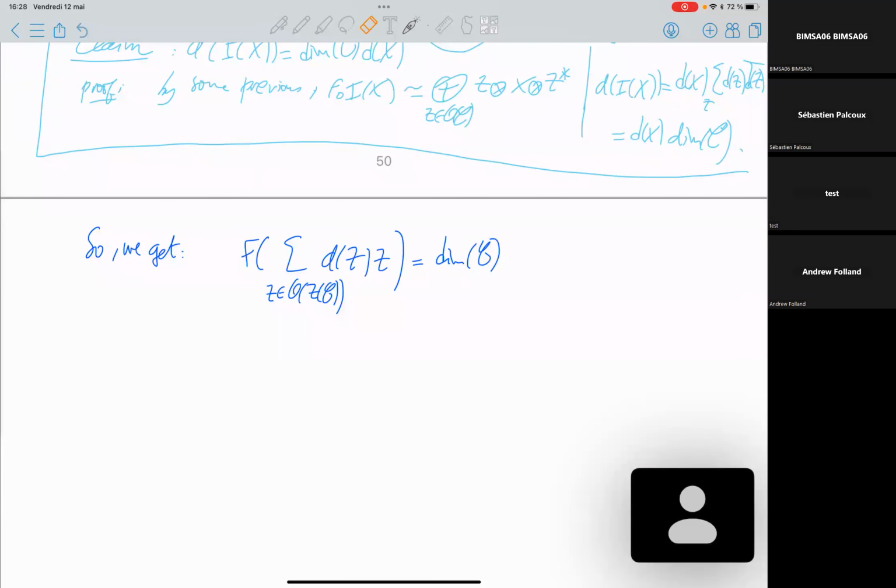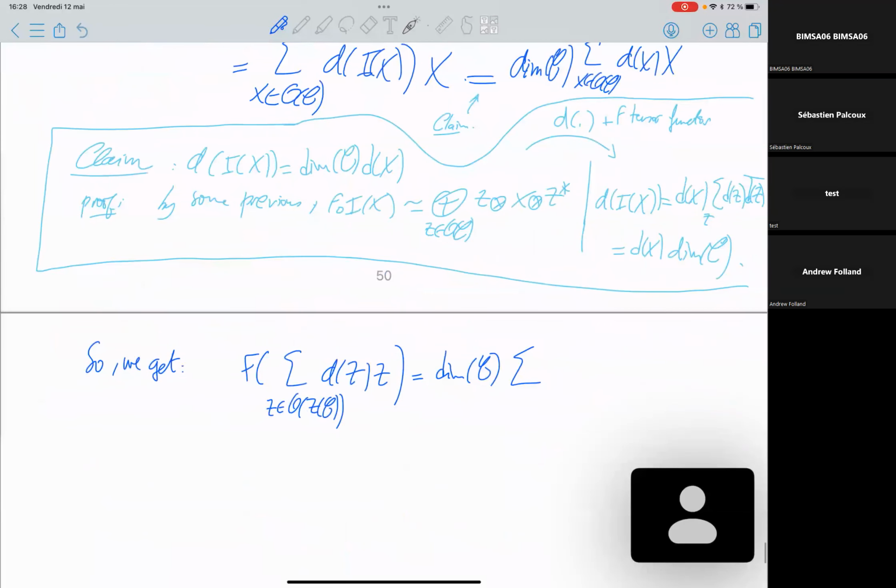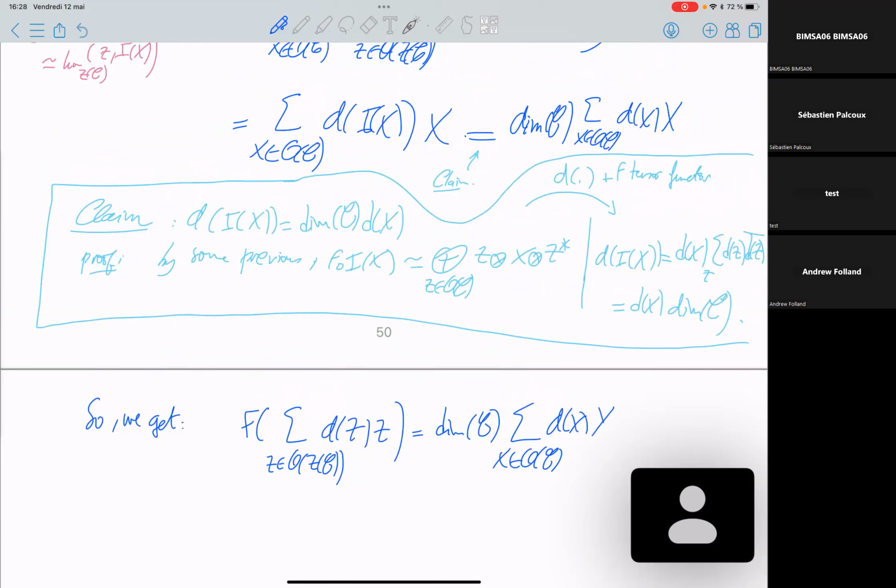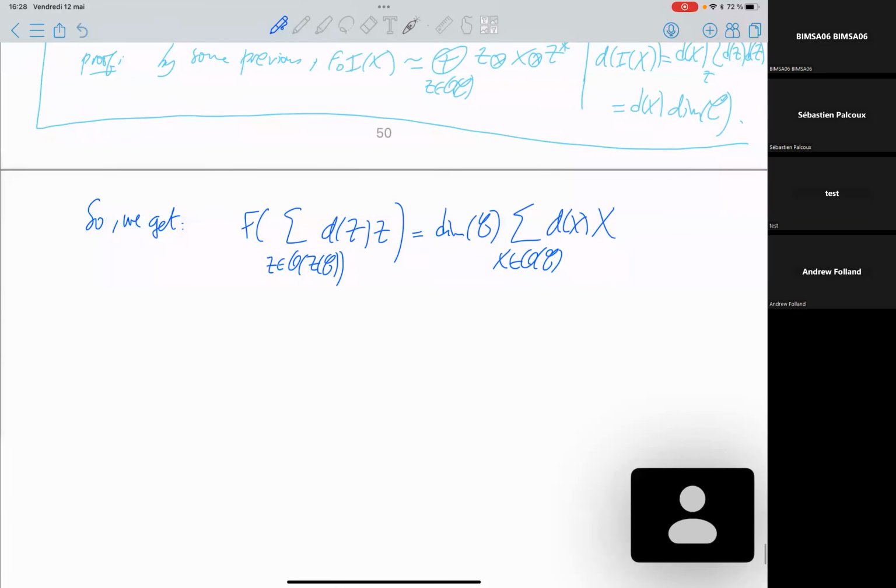So you have the sum. We proved it is the sum for x in Simple(C) of d_x x. Now apply the conjugate of the dimension, which is another dimension, which is also a character.